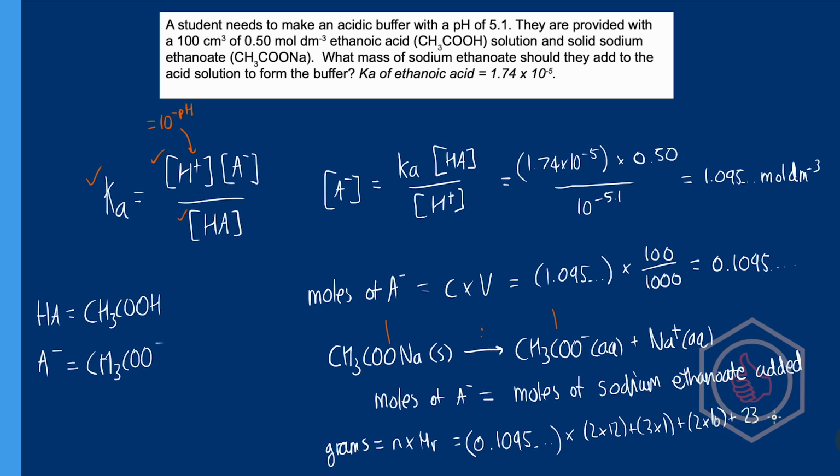That's just adding up all the relative atomic masses of the atoms in the formula. This gives us a total of 8.98 grams, meaning 8.98 grams of sodium ethanoate need to be added to the ethanoic acid to give the buffer system a pH of 5.1.